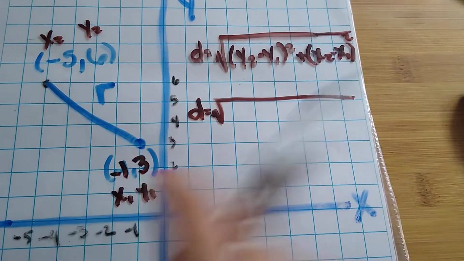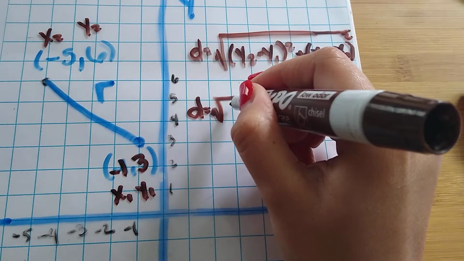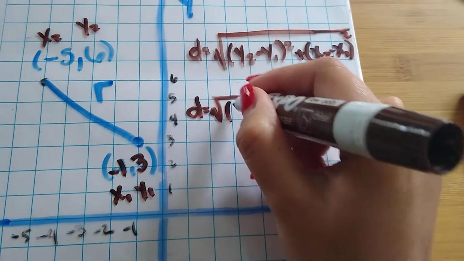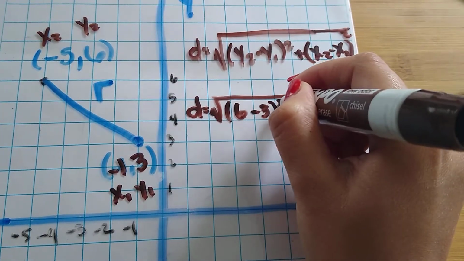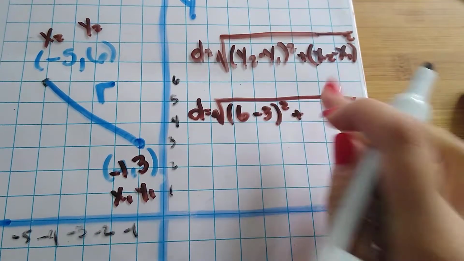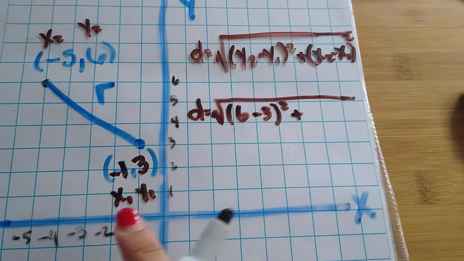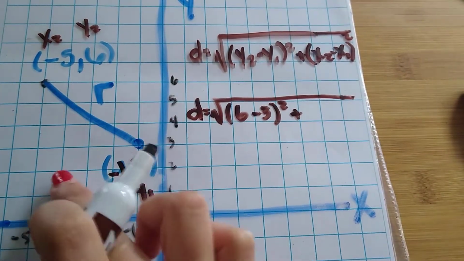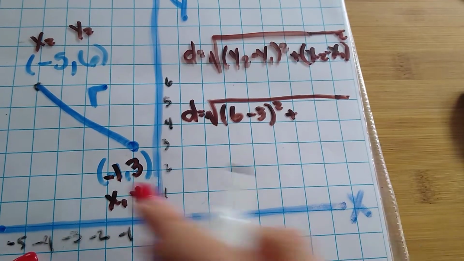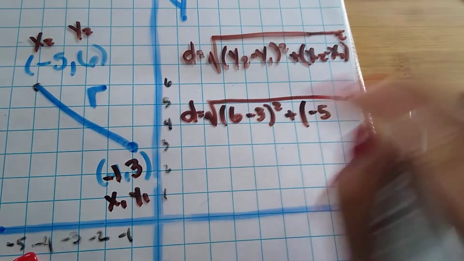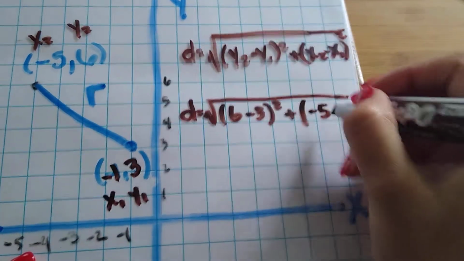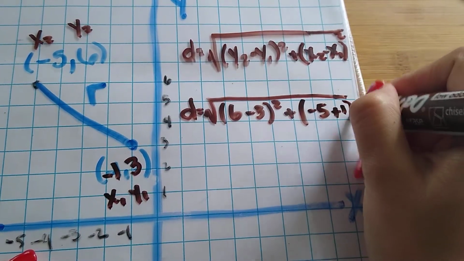So y2 minus y1: 6 minus 3 squared, plus x2 minus x1: -5 minus -1. So -5 minus -1 would be -4 squared.